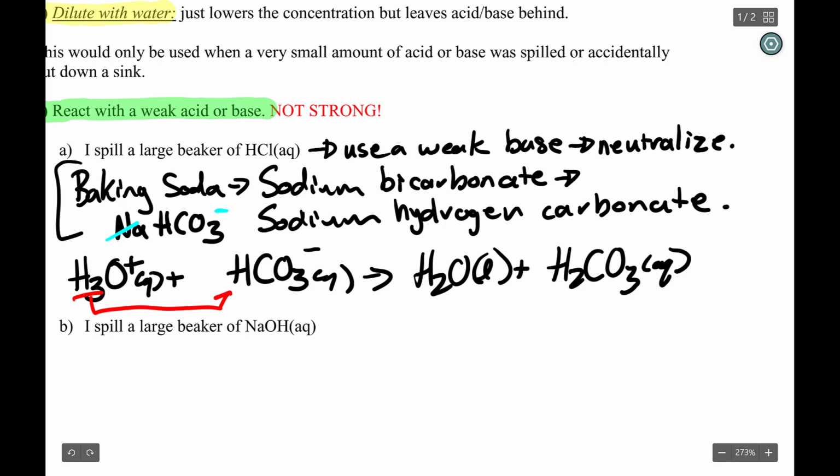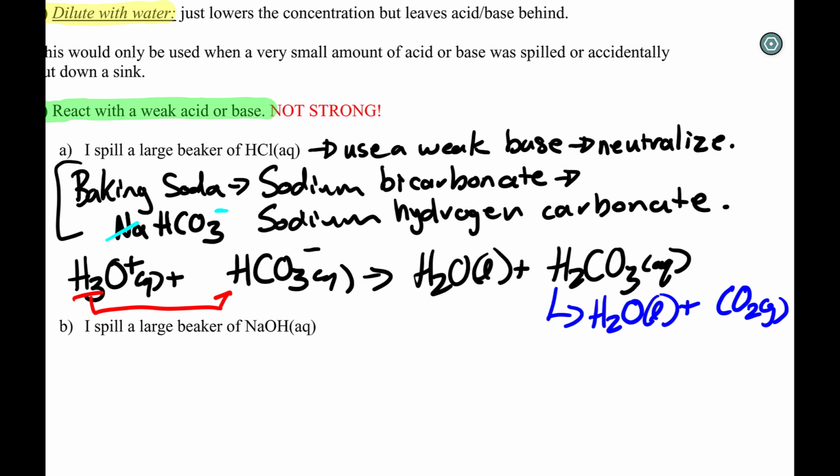And to be honest with you, this actually breaks down into water, which is neutral, and carbon dioxide gas. So realistically, it would take care of that spill. If I overdo it with baking soda, then I have a baking soda spill, and it's not a big deal.